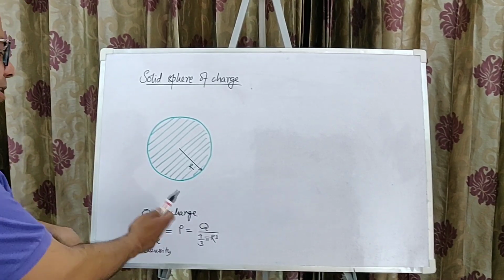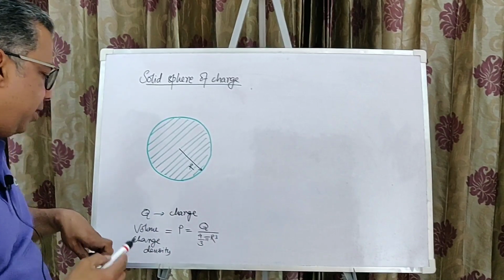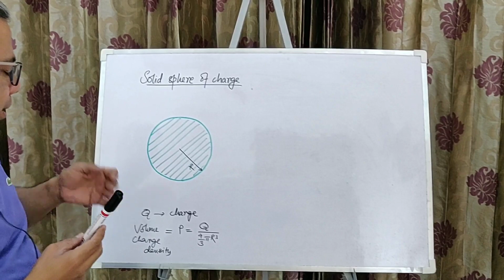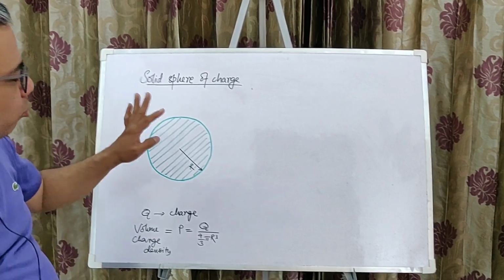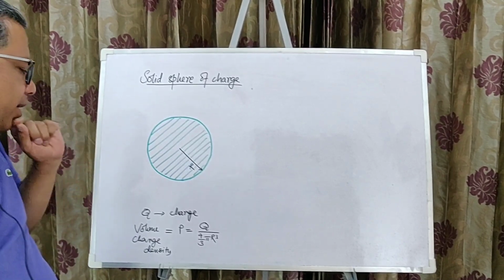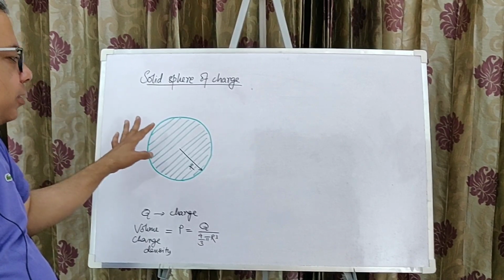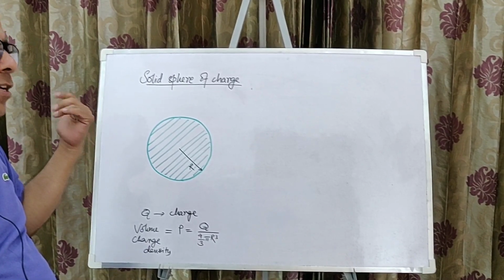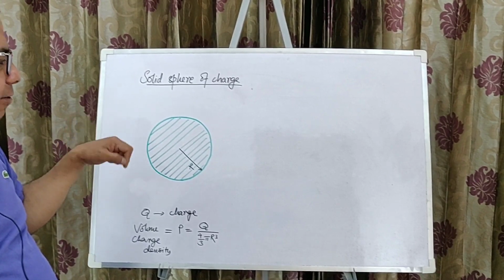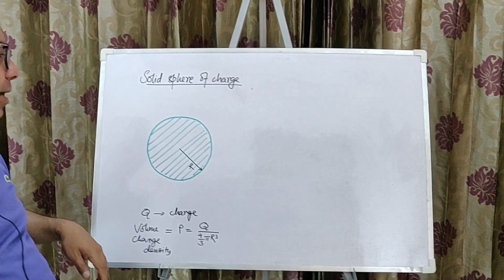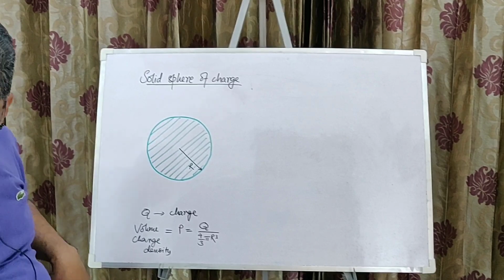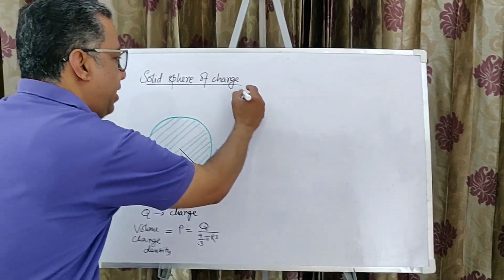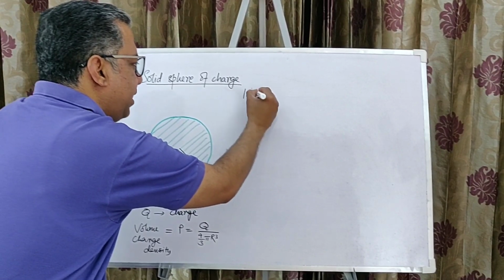So we might end up making some use of this a little bit later. Now remember, this is also a spherically symmetric distribution of charge, and therefore at any location the electric field will have to be directed radially. So now let's first look for the electric field in its interior, inside it.